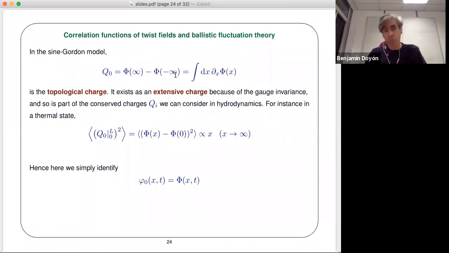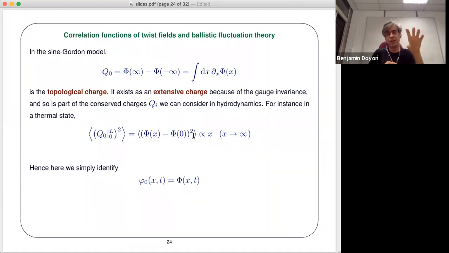Well, the main property it has is that this is actually an extensive charge. That's because there is this symmetry under addition of 2 pi over beta. In fact, phi is non-compact. So that means, for instance, if you look at the difference phi of x minus phi of 0, squared, so you look at the variance of that in your thermostat, that will grow like x at large distances.